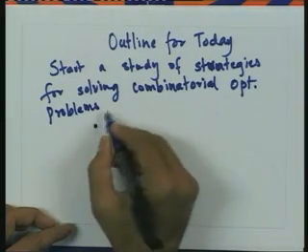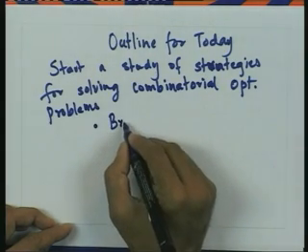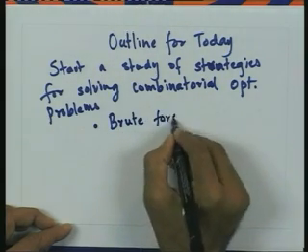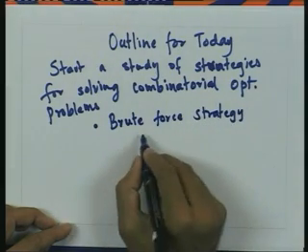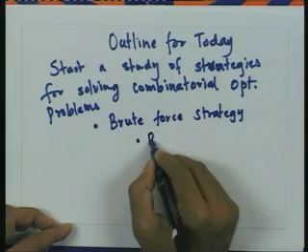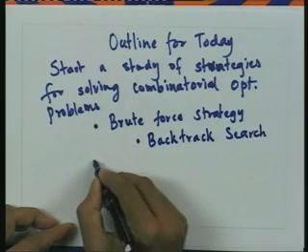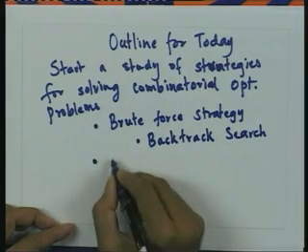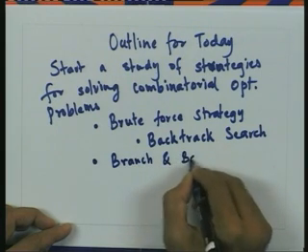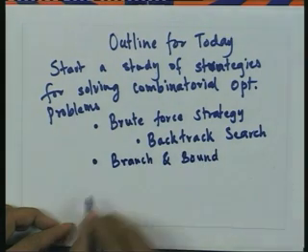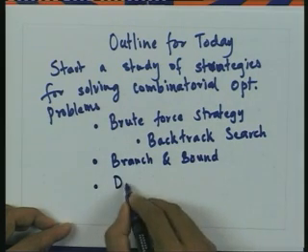One is based on the so-called backtrack search, but it really is sort of a brute force search strategy. Under this we will be looking at what is called backtrack search. Then we will look at a strategy called branch and bound. We will also be looking at a strategy called dynamic programming.